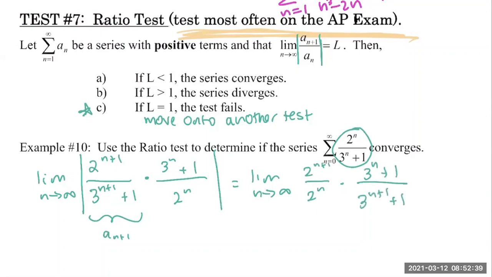So rewrite it, regroup things. When we take a look at 2 to the n+1 over 2 to the n, let's look at that part first. Technically, there are absolute value bars around here, but we can drop them at this point if we recognize that all terms are positive anyway. If I asked you in Algebra 1 to simplify this expression, and it has a common base, what would you do with the exponents?